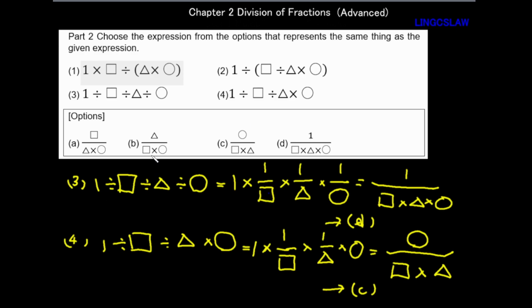Now let's get to the next one, part 3. Okay, part 3. There is a rectangle with a length of 2/3 of a meter and a width of 2/5 of a meter. So width is 2/5 of a meter, and the length is 2/3 of a meter.